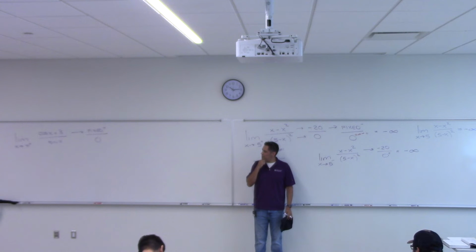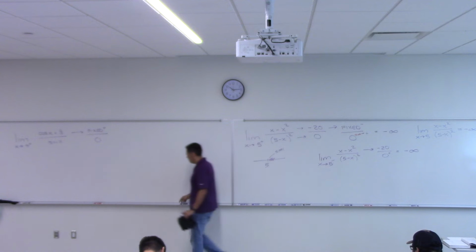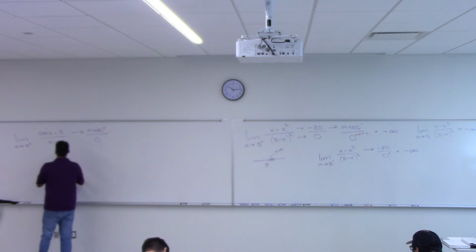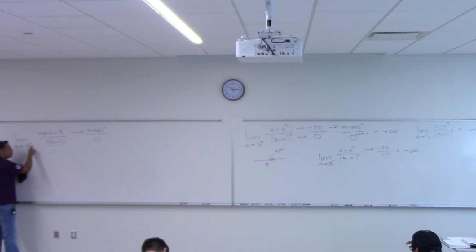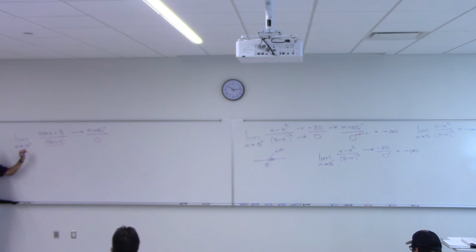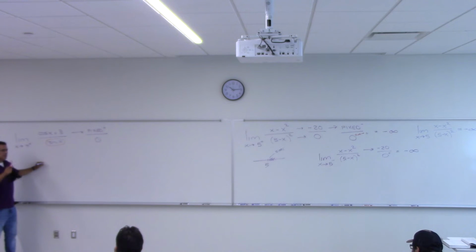What do you think the best way to do this is? Trying to figure out what this is doing as I get close to pi from the right, like 1.1 pi. You could start plugging in values that are bigger than pi and get your calculator out. But that's working hard.